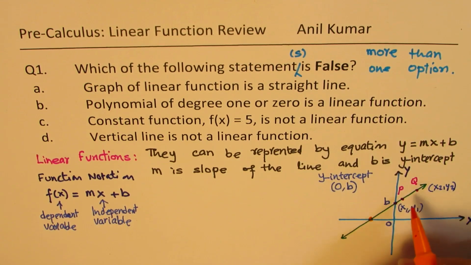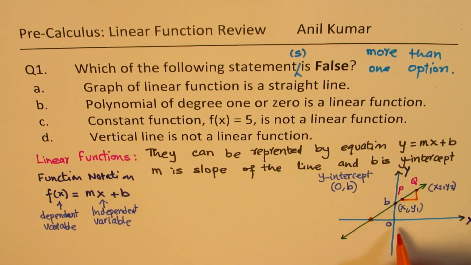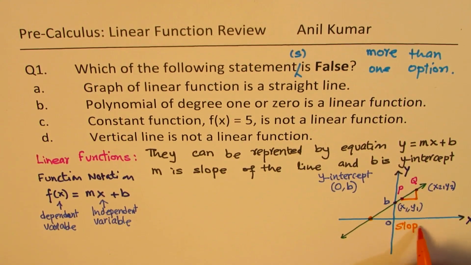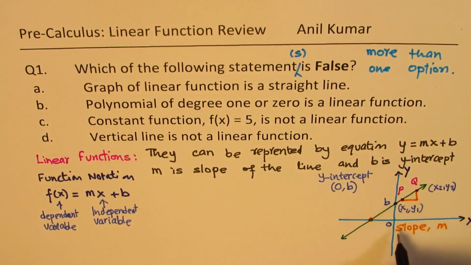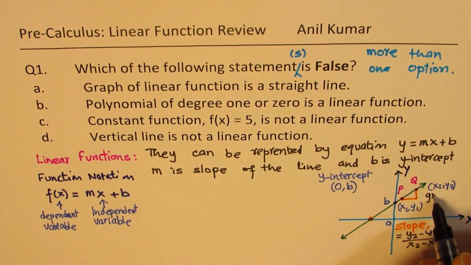In that case, change in y with change in x, this ratio, is called slope. So slope m is equal to y2 minus y1 over x2 minus x1. Is that clear? This slope is also called gradient.